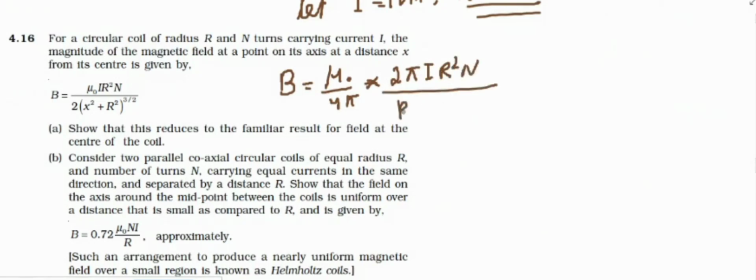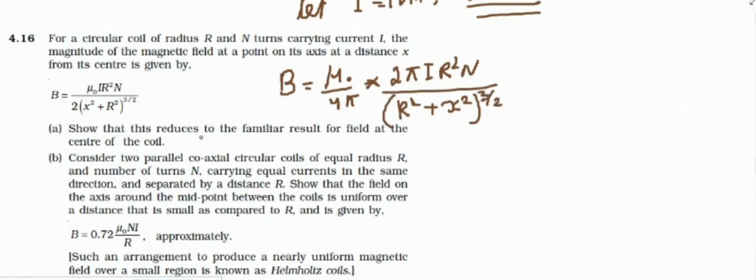Now, question 16. For a particular coil of radius r and n turns carrying current I, the magnitude of the magnetic field at a point on its axis at a distance x from its center is given by, okay, this formula: magnetic field at the axis of a circular coil B is equal to mu naught by 4 pi, then mu naught by 4 pi into 2 pi I r square n upon r square plus x square, the whole raised to 3 by 2.